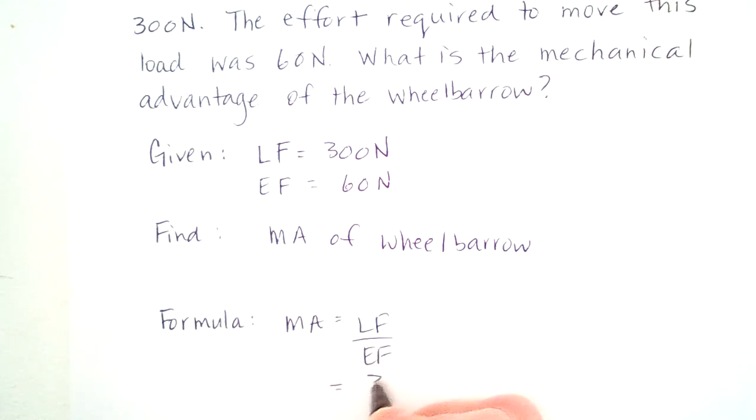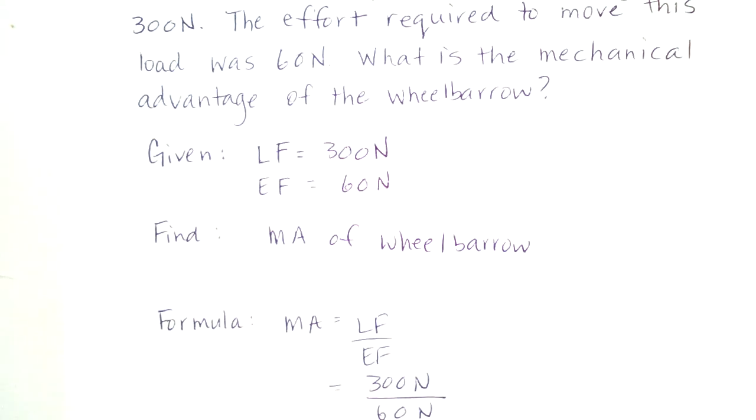In this case, we have 300 newtons divided by 60 newtons, which gives a mechanical advantage of 5. So the MA equals 5.